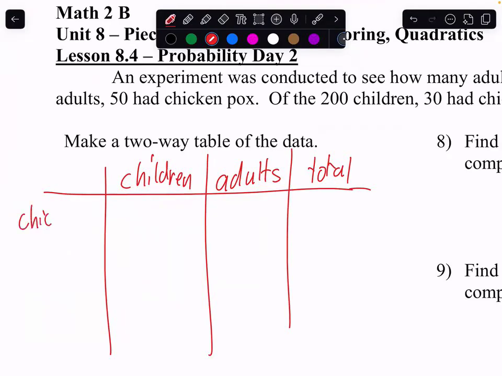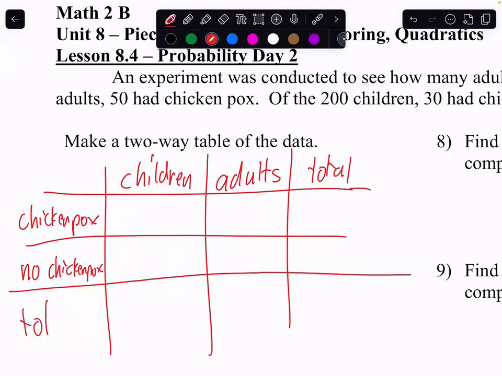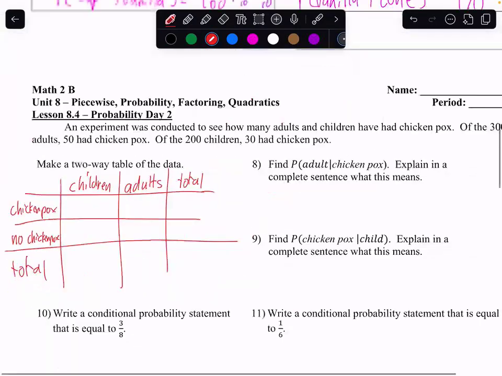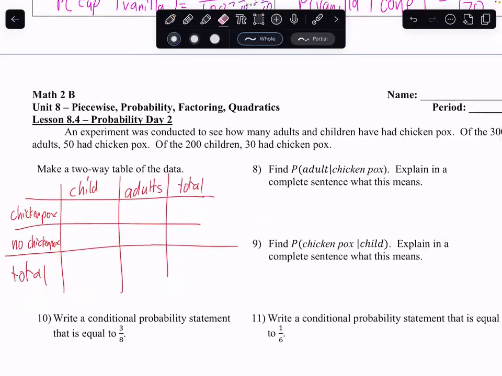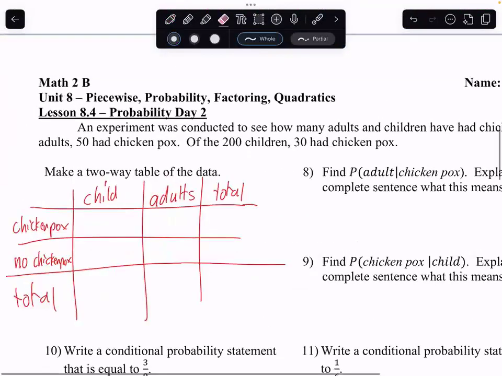I'll go chickenpox and no chickenpox. I guess I should say child. Okay, so let's see.